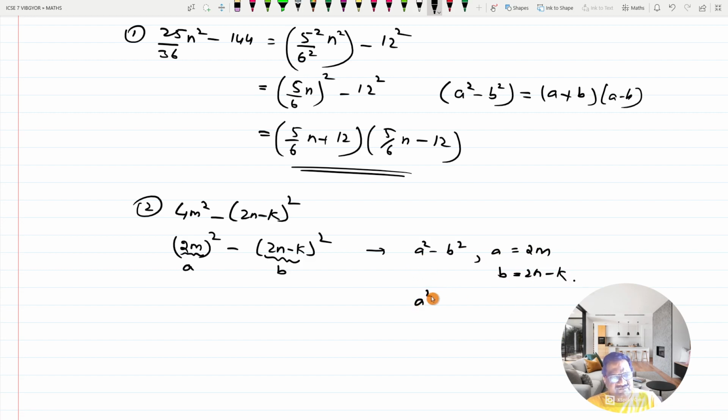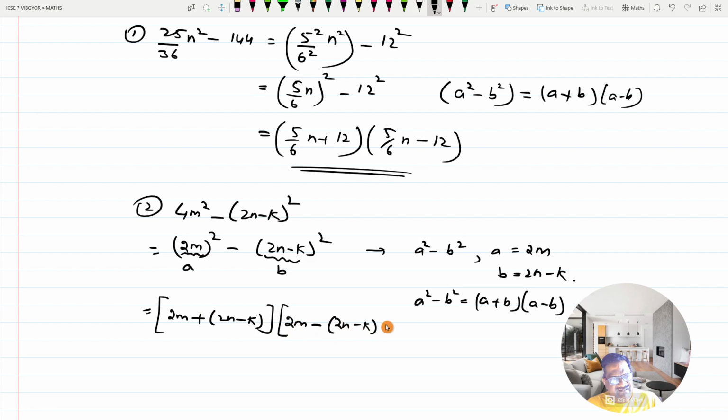So a square minus b square can be written as a plus b times a minus b. In the same way, if you substitute the values of a and b with 2m and 2n minus k, this can be written as 2m, that is a, plus this thing, that is 2n minus k. This is a plus b times a minus b, that is 2m, which is your a, minus 2n minus k, that's your b.